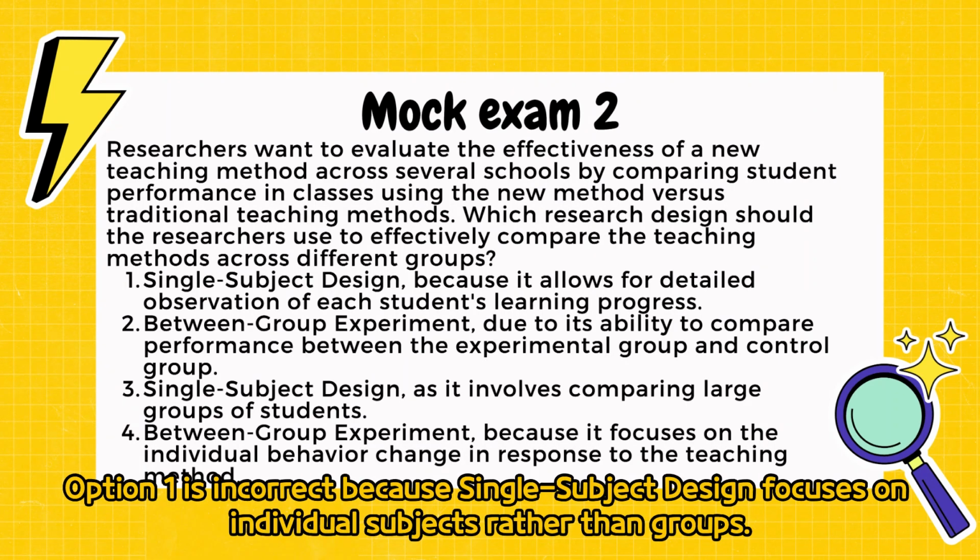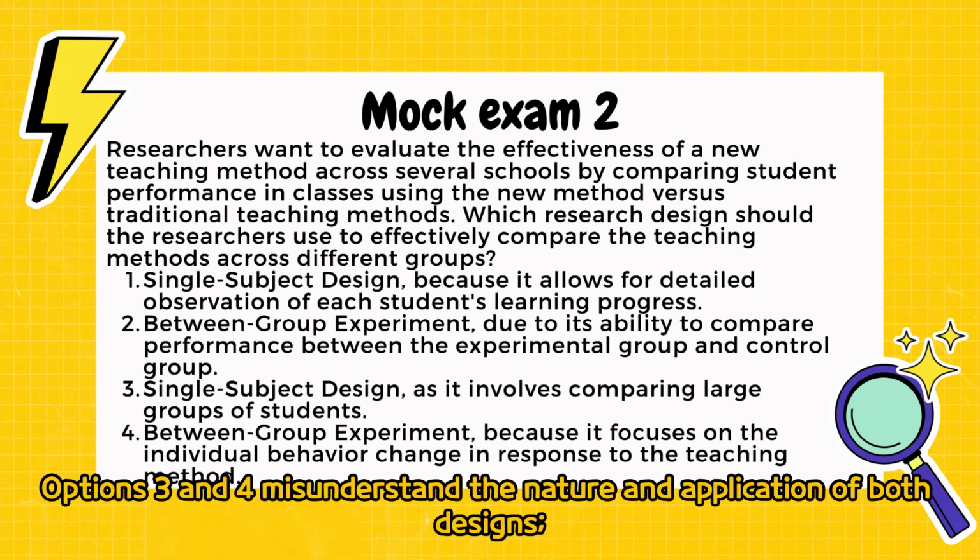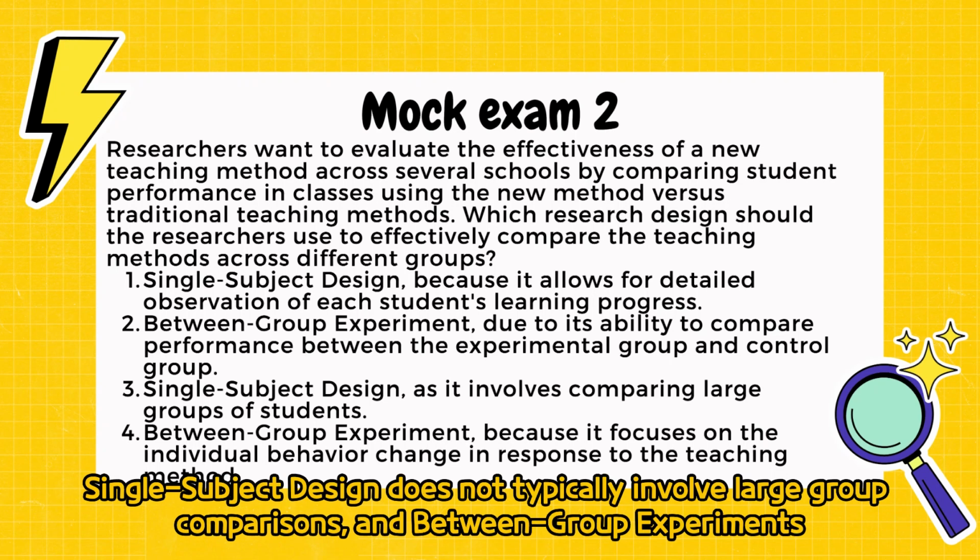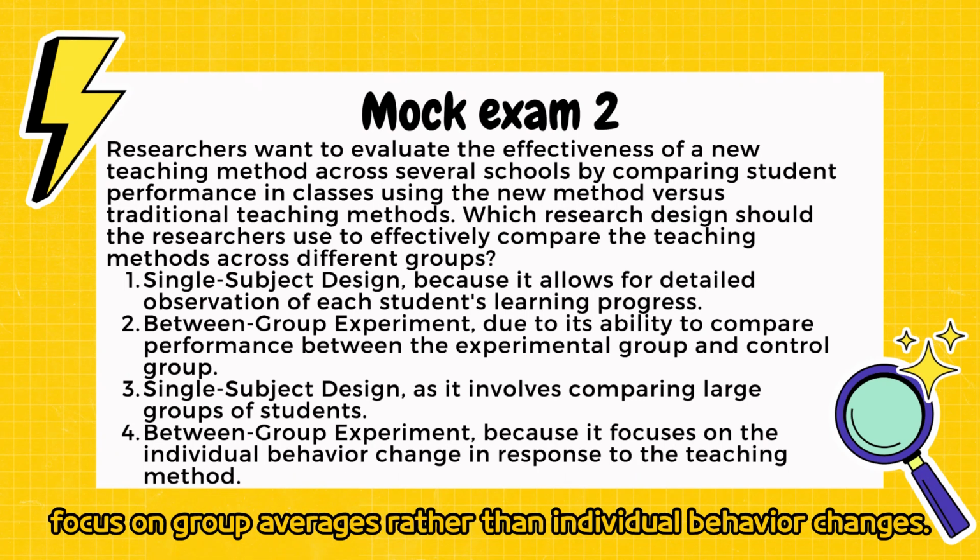Option 1 is incorrect, because single-subject design focuses on individual subjects rather than groups. Options 3 and 4 misunderstand the nature and application of both designs. Single-subject design does not typically involve large group comparisons, and between-group experiments focus on group averages rather than individual behavior changes.